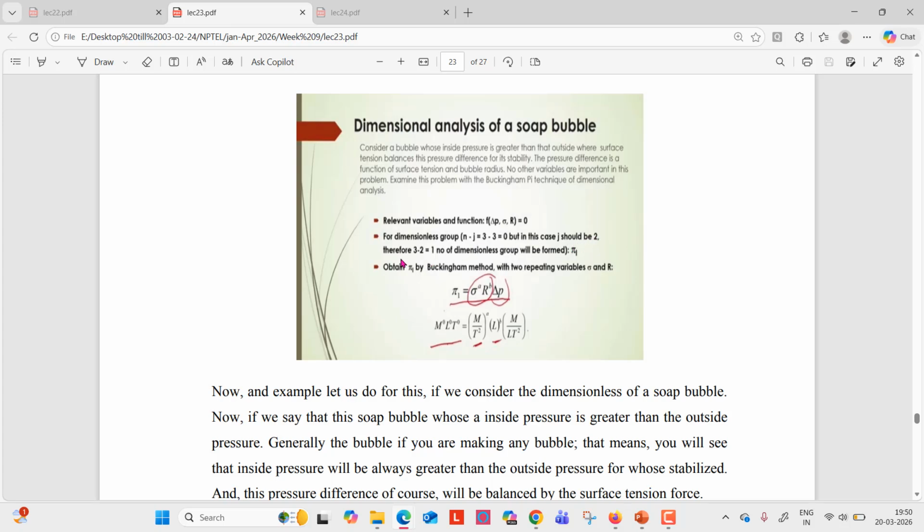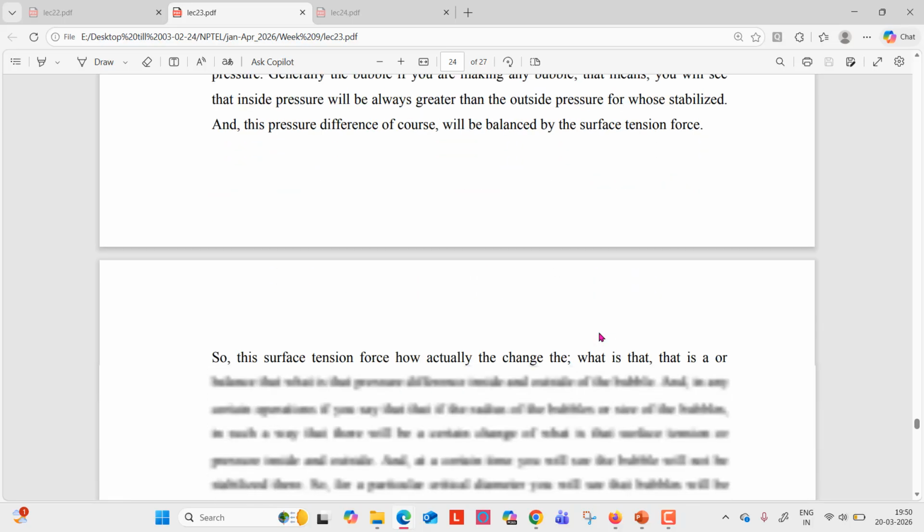So, therefore, 3 minus 2 equals to 1. That one number of dimensionless groups is obtained. So there will be only one dimensionless group, and the repeating variables will be 3 minus 1, 2, that is sigma and R. So that is how they have solved this.